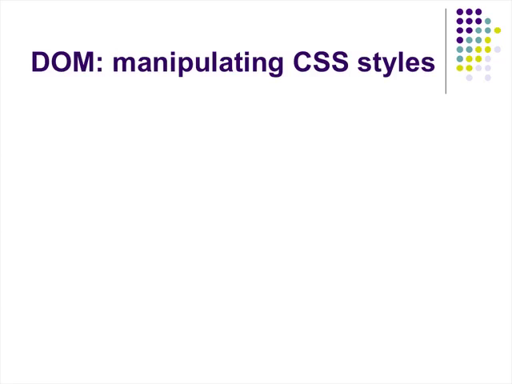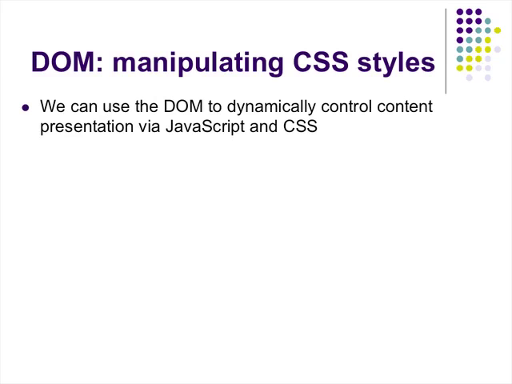One of the things that we do with JavaScript and the DOM is we use it to manipulate CSS styles. So we can use it to control, dynamically speaking, content presentation using JavaScript and CSS.